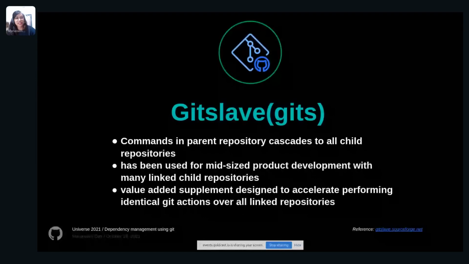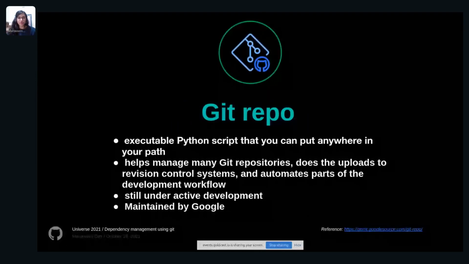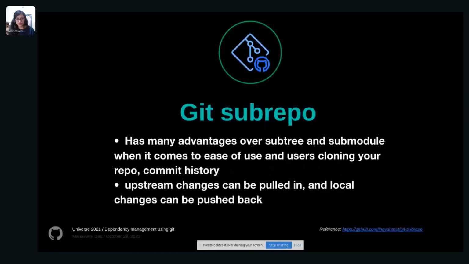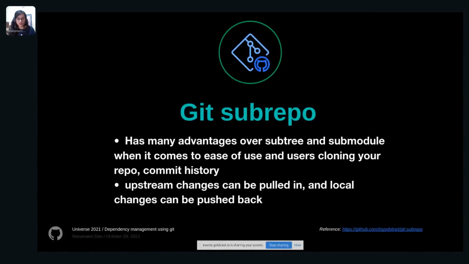Looking at the audience and the polls, I'm very sure that you already know all of this. I just touched upon these and showed demos for subtree and submodule. I didn't have time to prepare the demos for the other three, but I have used subtree and submodules very extensively, and I know their advantages and disadvantages.